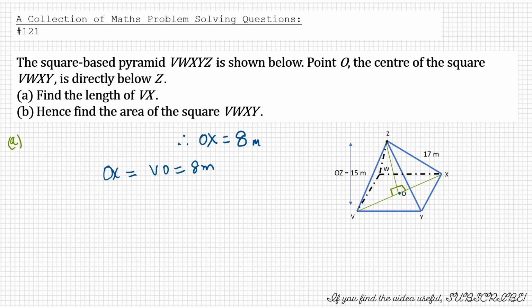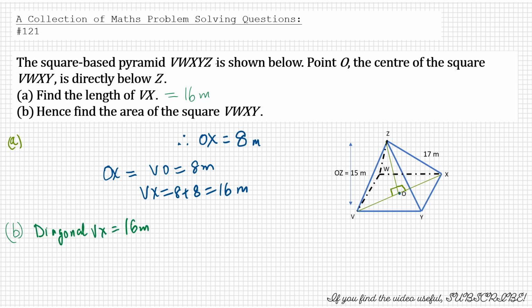So we found OX, and OX is 8, and so VO would also be 8, because OX is equal to VO, and therefore VX would be 8 plus 8, that is 16 meters. So we found the length of VX. Part A is done.